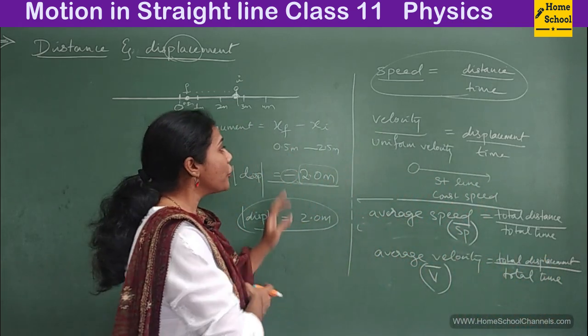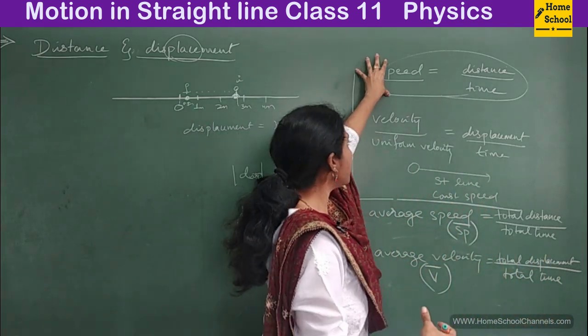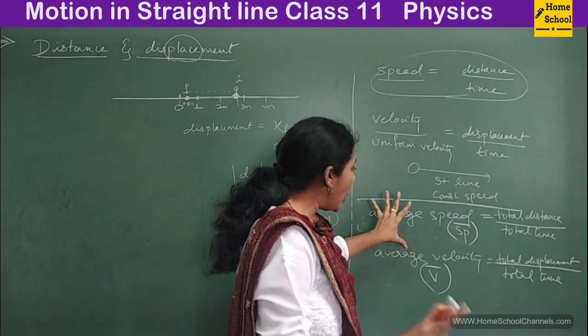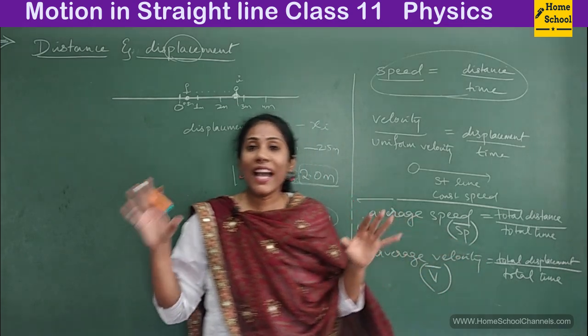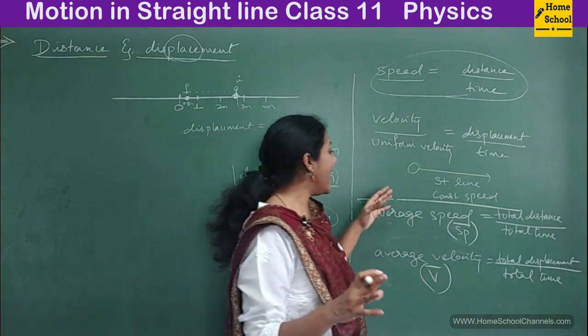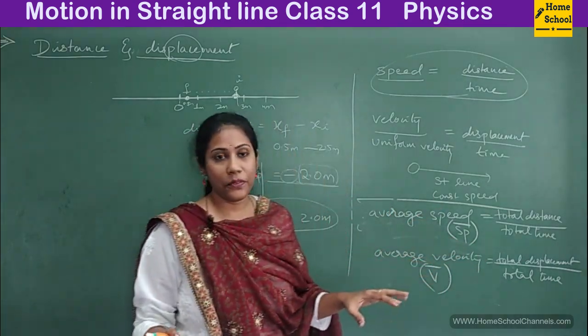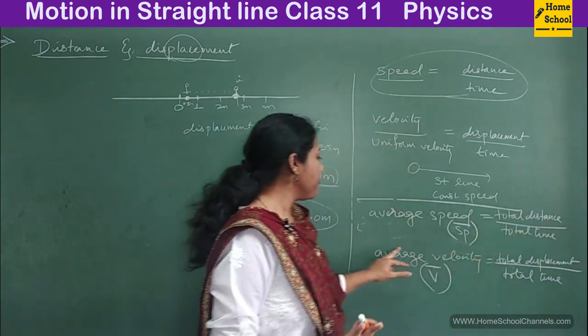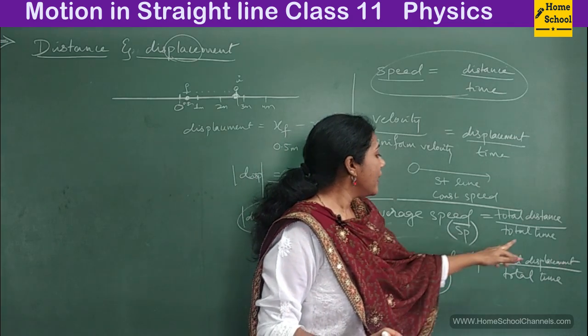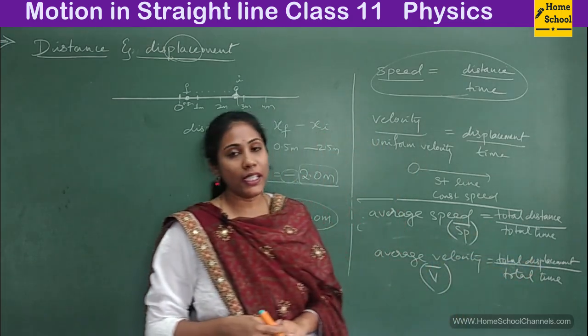So we don't consider uniform speed and uniform velocity. We always consider average speed and average velocity, and we have calculations relating to them. Average speed is total distance by total time. Average velocity is total displacement by total time.